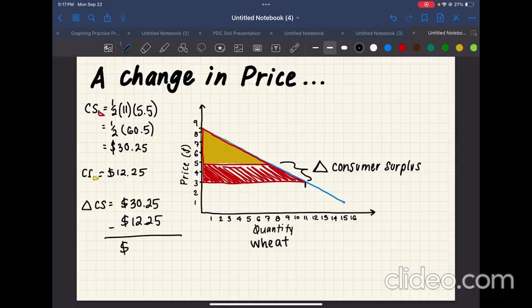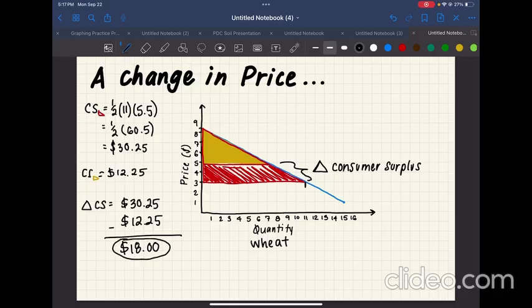And that gives us $18. Now, in reality, if we were looking at this kind of a chart on a national scale, we have way more than 15 consumers that we're talking about. So this number would be a lot bigger.